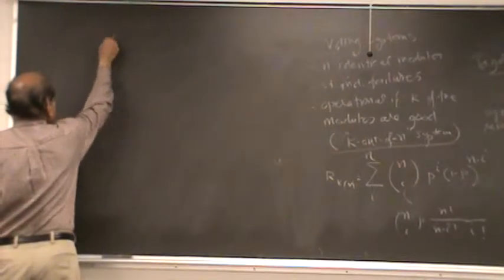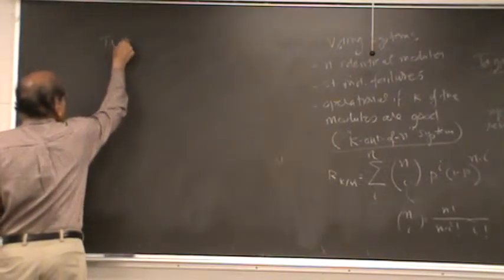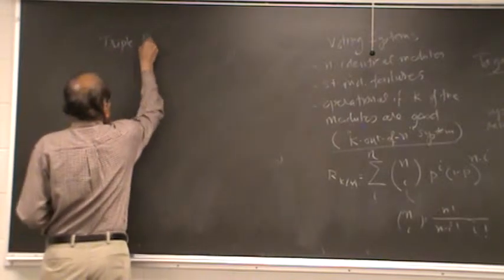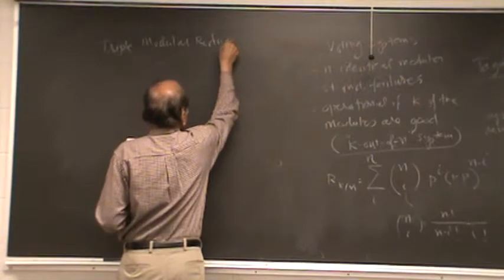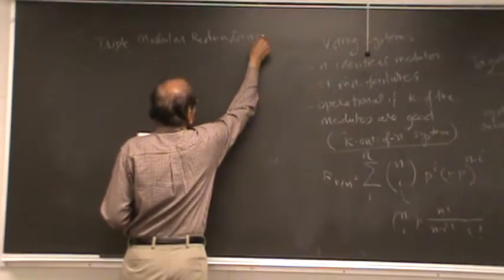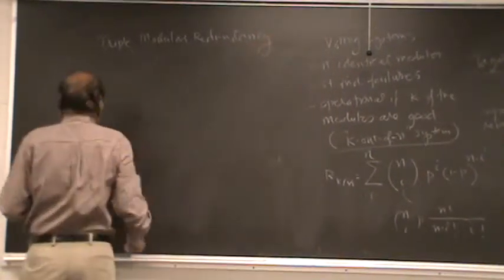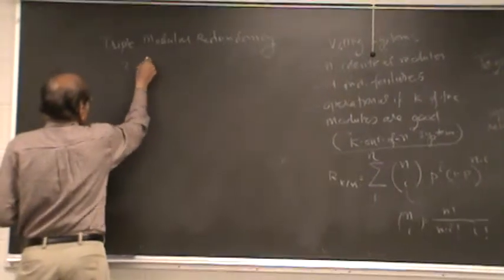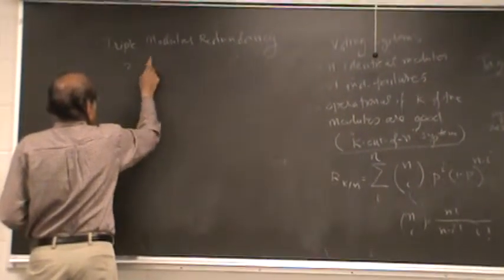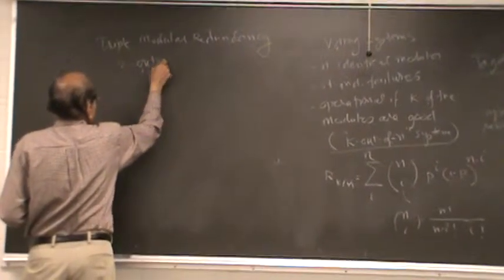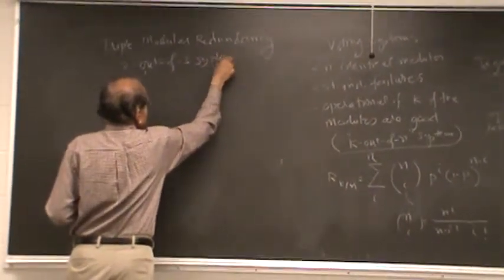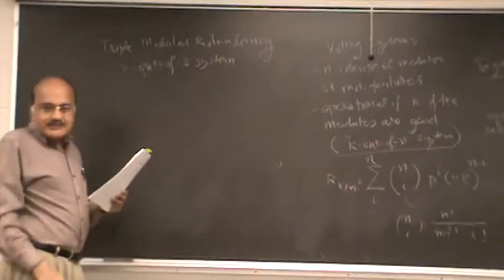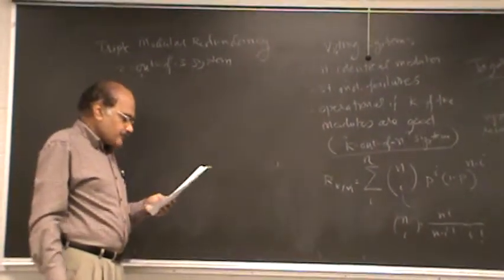Let us look at triple modular redundancy, which is an example of this. This is basically a 2 out of 3 system. The basic principle is quite simple.